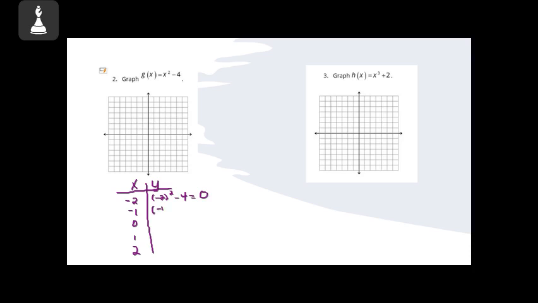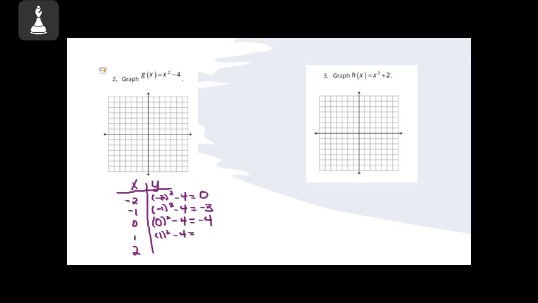Next one, if I take -1 squared, I'm going to get 1. And subtract 4 from that, I get -3. I plug in 0. 0 squared is 0. Minus 4 is -4. Plug in 1. 1 squared is 1. Minus 4 gives me negative 3.